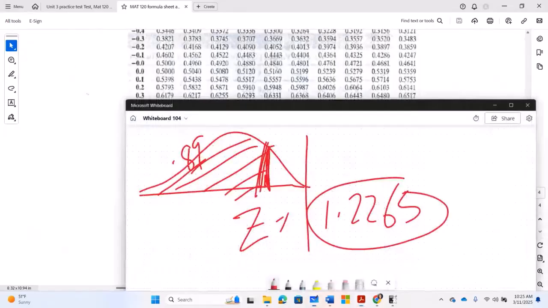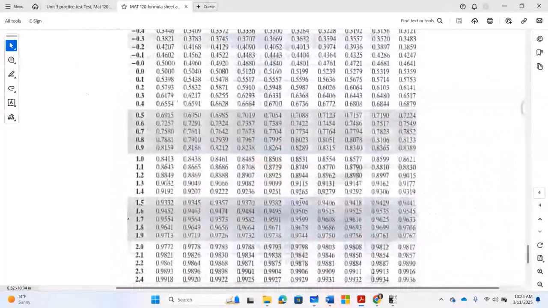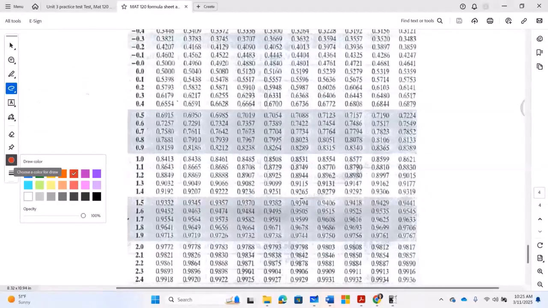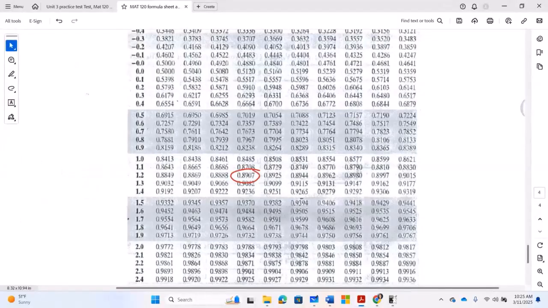I'm looking for that Z corresponding to 0.89. So right here I see 0.89. If I look at 1.2, I will see that this is approximately 0.89 right here.